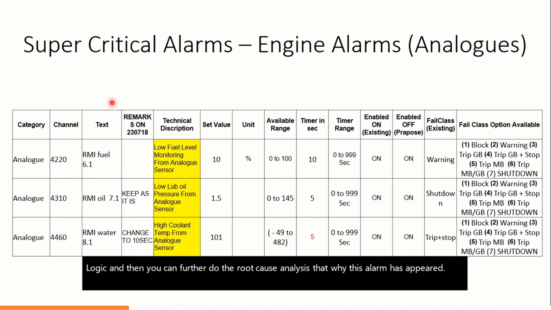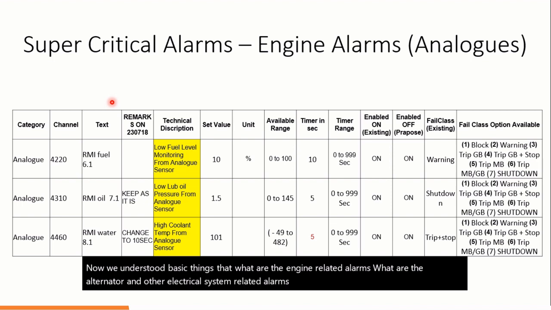So now we understood the basic things: what the engine related alarms are, what the alternator and other electrical system related alarms are, and if such an alarm comes, what the probable reasons could be.